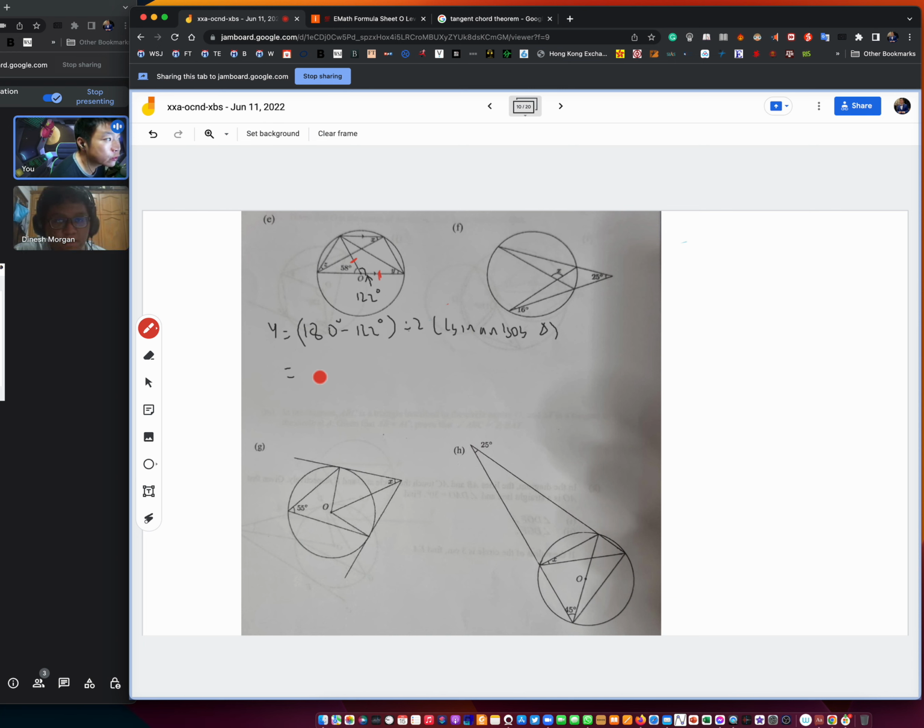Angle at center. Yeah, over here, so you look from this perspective. Sometimes when you do these properties of circles, you have the physical paper, you need to turn it to see it.